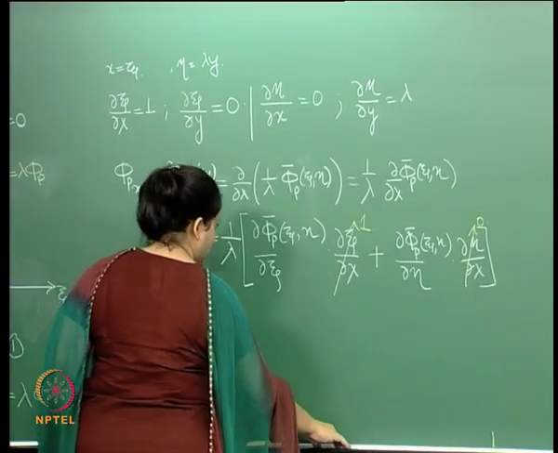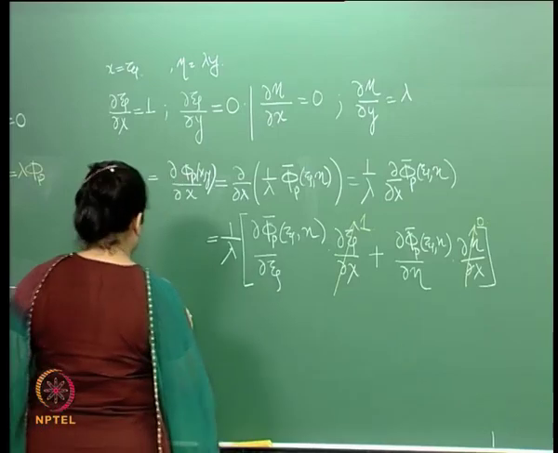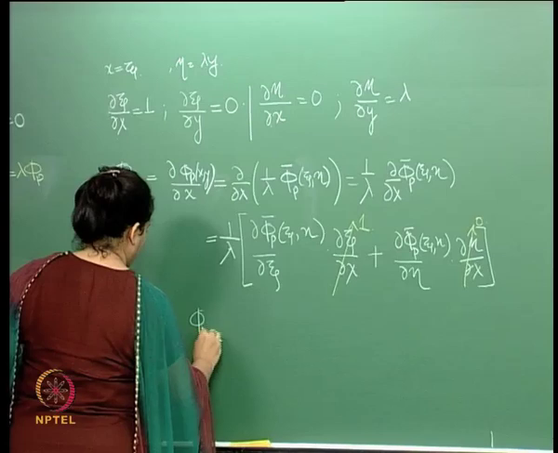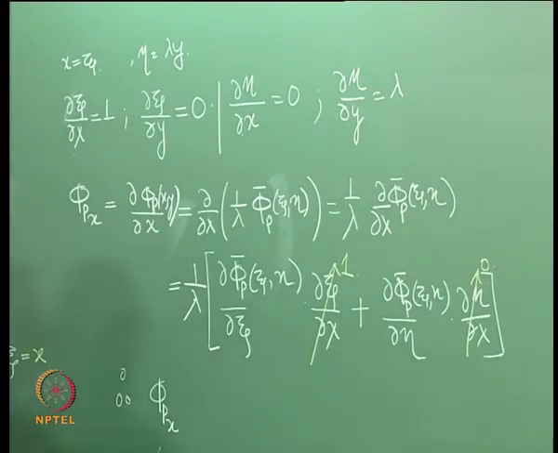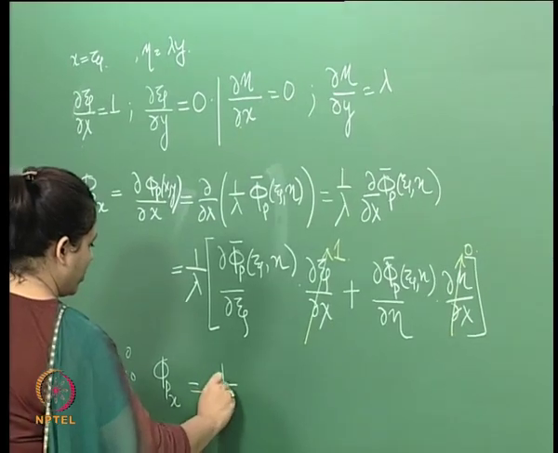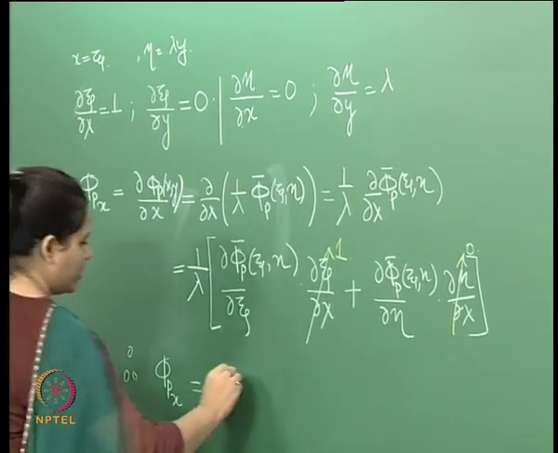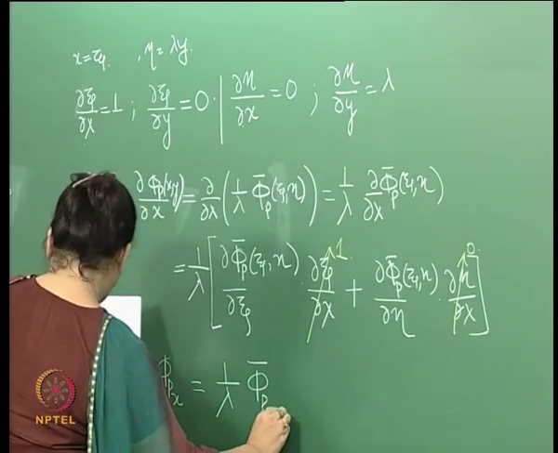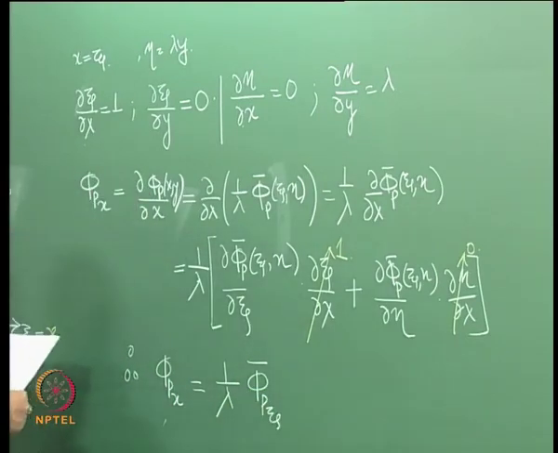So, what we essentially get over here, therefore, you can say phi p x is equal to 1 by lambda, right.